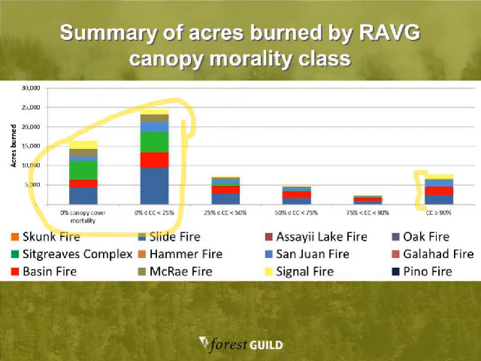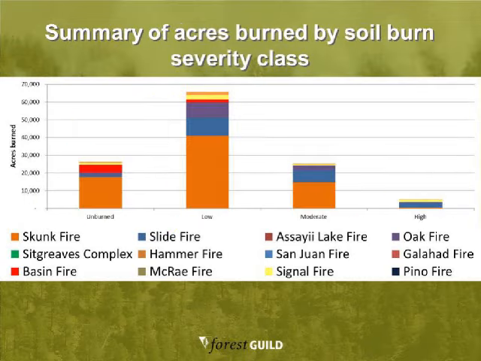In general, if you like forests, it's nice to see that we have fewer acres than we've had in some recent years in a high canopy mortality class. Soil is essentially the same picture: relatively few acres in the high soil burn severity class, with most acres falling in low, moderate, or unburned classes.